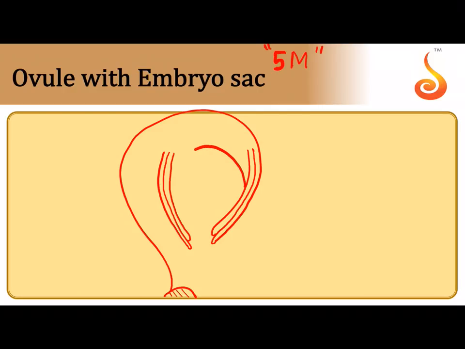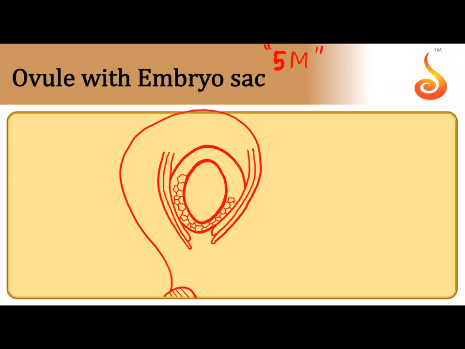Correct? Now let us show the nucellus inside. Inside the nucellus, let us show the embryo sac. Now you saw how the embryo sac developed from a megaspore. So show cells surrounding the embryo sac, which is the nucellus. Yes or no? So I am filling up the gap. What is this tissue surrounding the embryo sac?